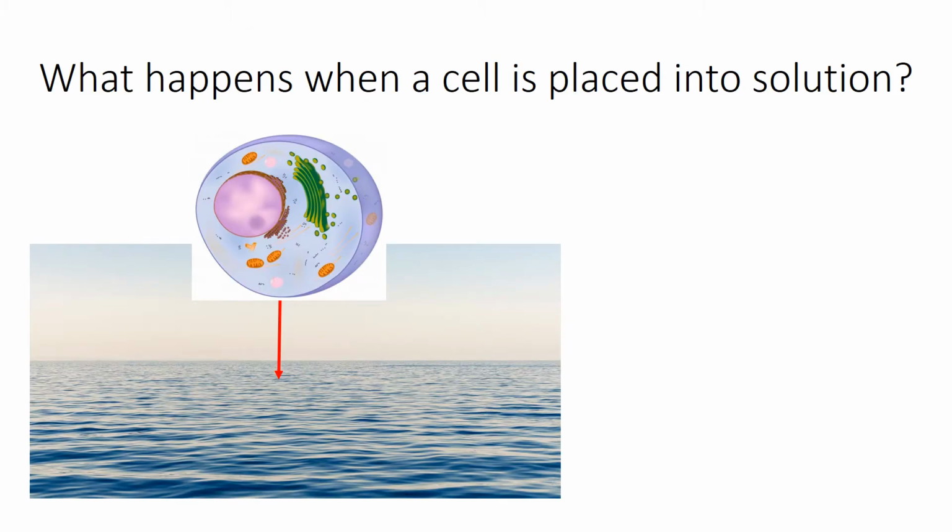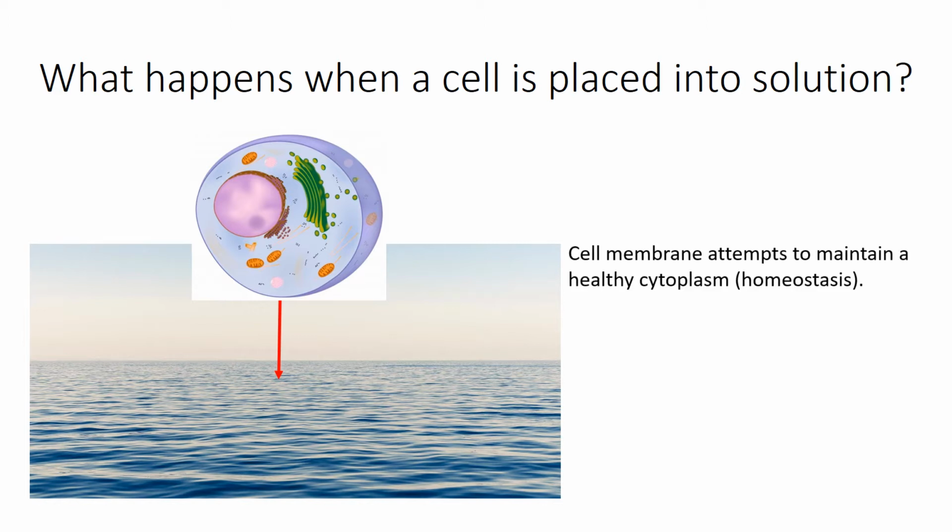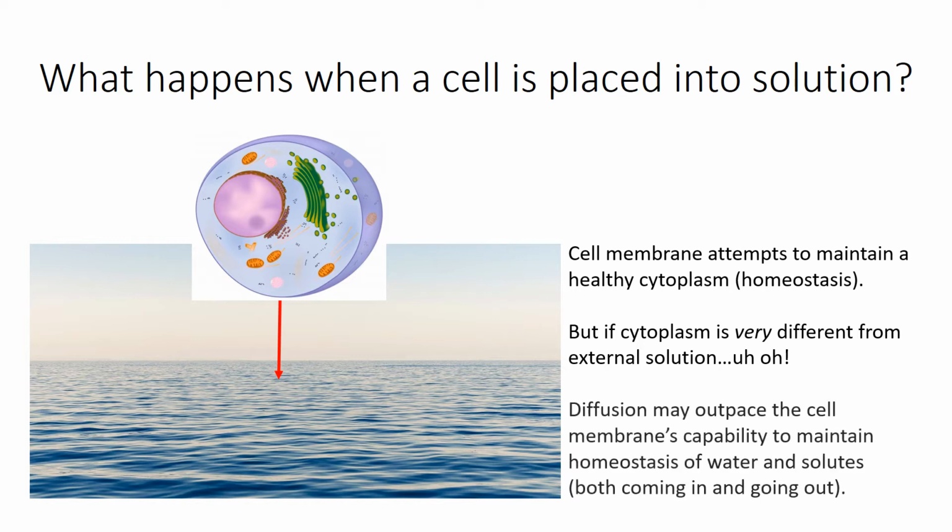So this makes me wonder, what happens to a cell when it is placed into a solution? The cell membrane will attempt to maintain a healthy cytoplasm, maintaining homeostasis of that internal environment of the cell. But if the cytoplasm is a very different solution from the external environment, bad things could happen to the cell.